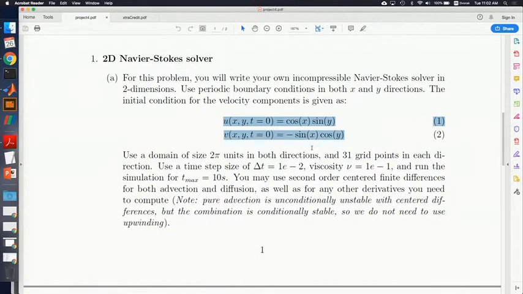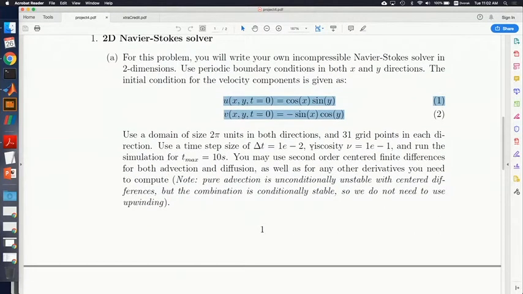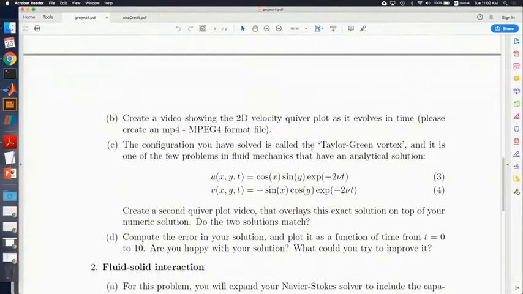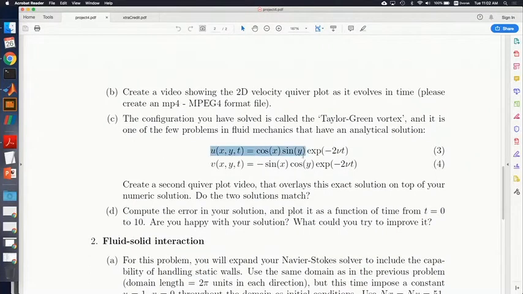So slowly you will see the velocity values will go down. And there's actually an analytical solution to this. So if you know the viscous coefficient, you have the exact answer. So when you write your solver, you can compare it to this exact answer.